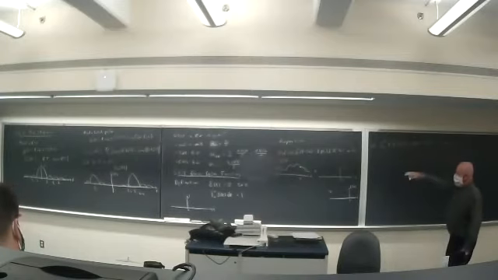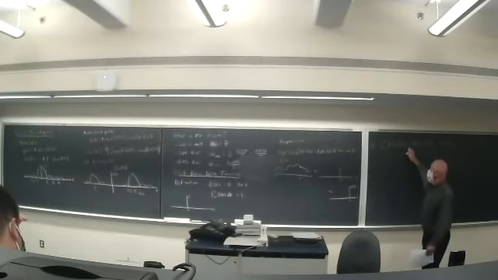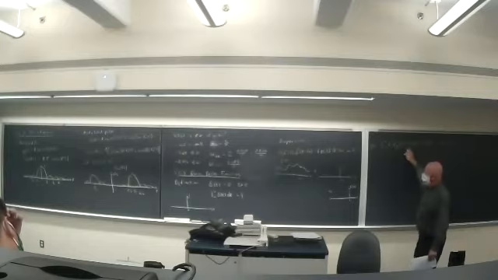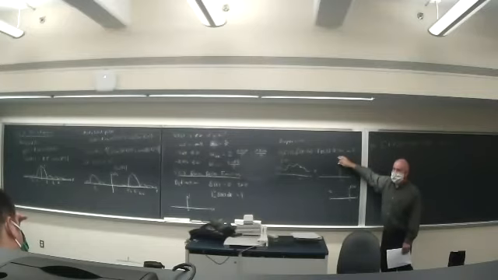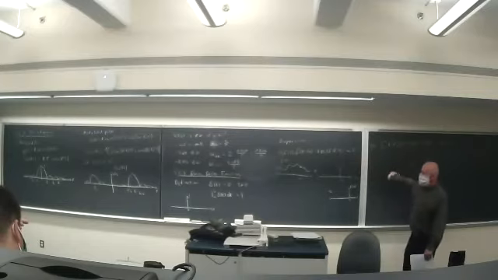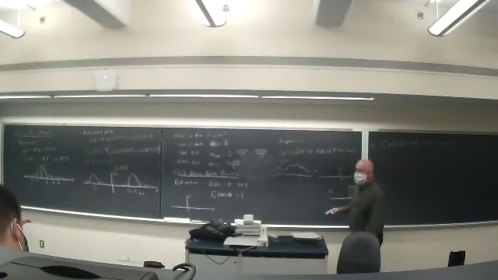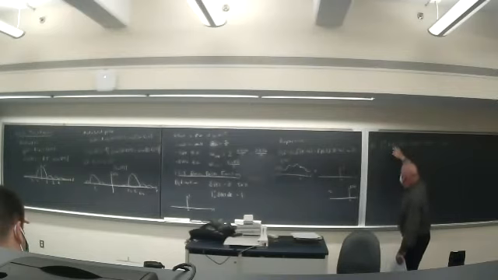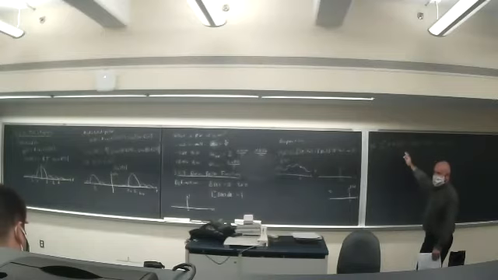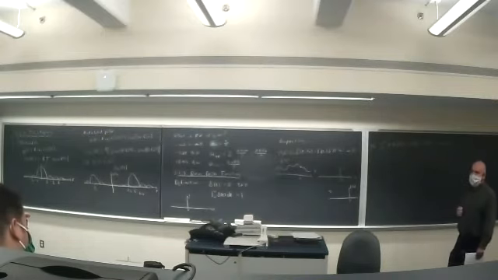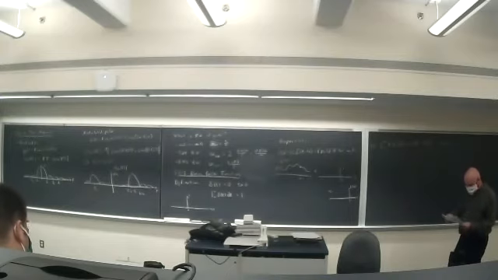It follows directly from the multiplication property because this product is f of t0 delta t minus t0. f of t0 is a constant, the function evaluated at a particular point in time. So I can just pull f of t0 outside my integral. My integration over an impulse is 1, so I'm just left with that constant value. So this is called the sampling property of the impulse.